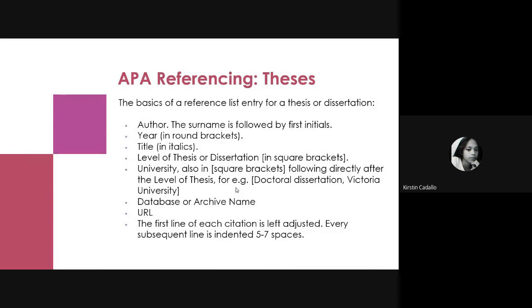So the basics of a reference list entry for a thesis or dissertation. You have the author surname followed by first initials, year in round brackets, title in italic, level of thesis or dissertation in square brackets, then the university also in square brackets, and then the year, following directly after the level of the thesis, for example, doctoral dissertation, then Victoria University, and then the database or archive name, and then the URL.